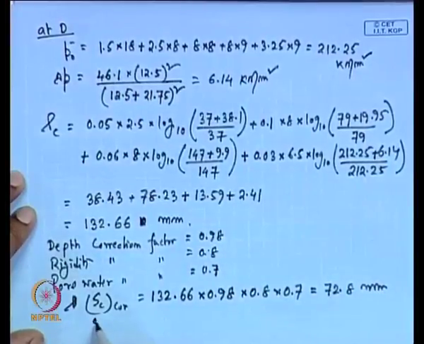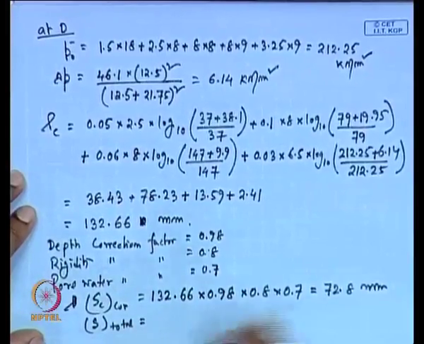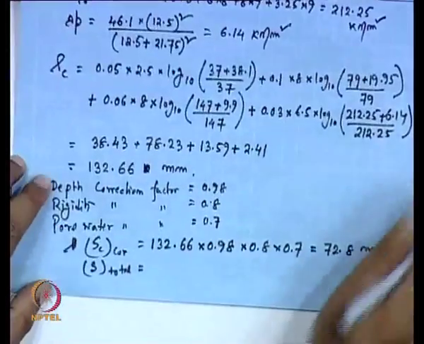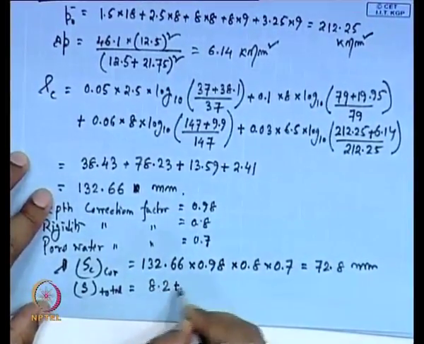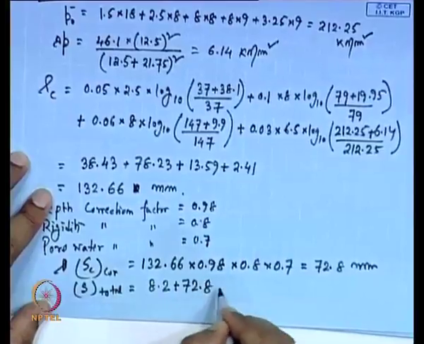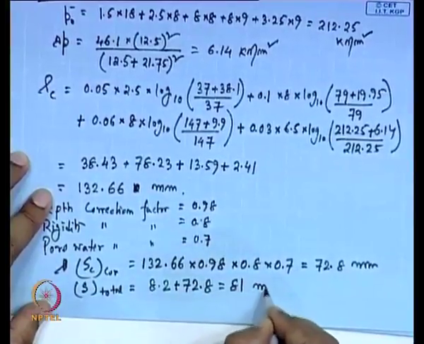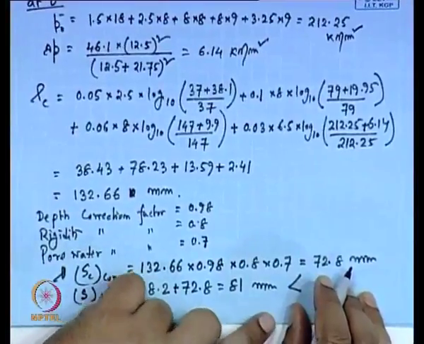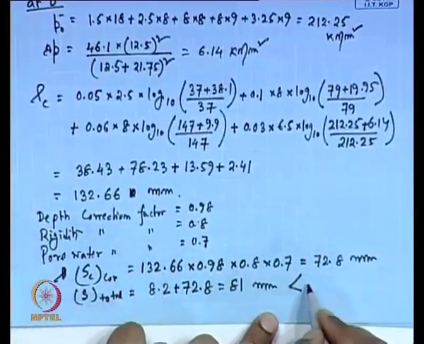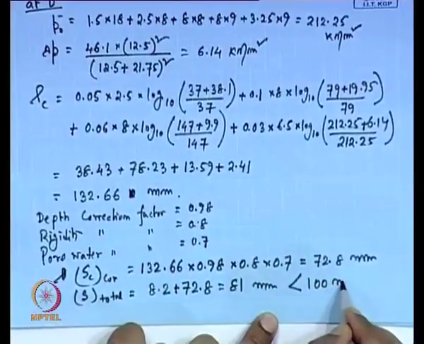So, the total settlement will be 8.2 plus 72.8, that is 81 millimeter. So, permissible settlement for this raft on the RCC raft on the clay soil is 100 millimeter.